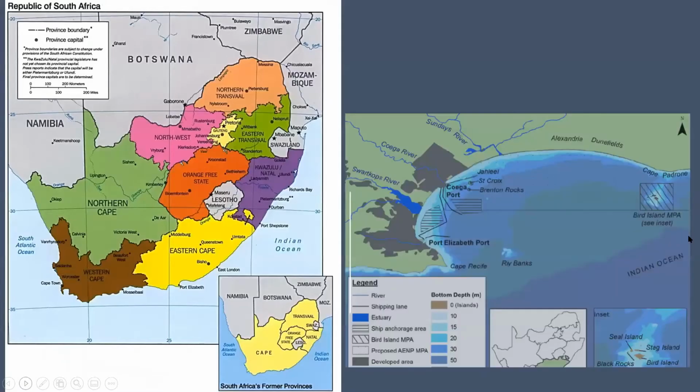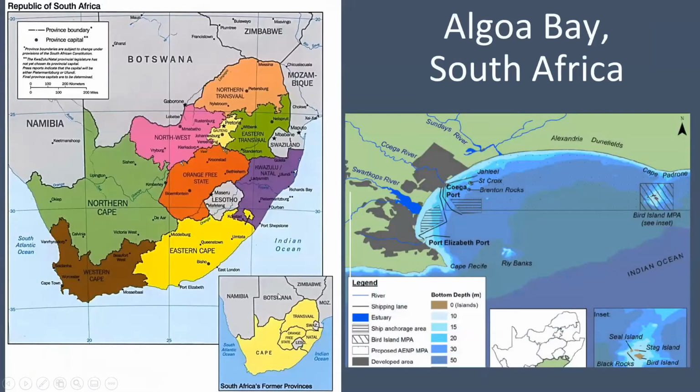Just to orientate you a little bit, we are in South Africa over here. We're in the Eastern Cape, in what was formerly Port Elizabeth, but is now Gqeberha. And this is Algoa Bay over here. Port Elizabeth, or Gqeberha, has about 1.2 million people at the moment.